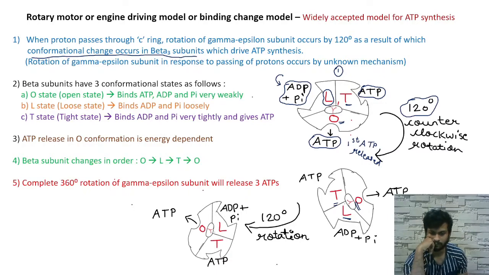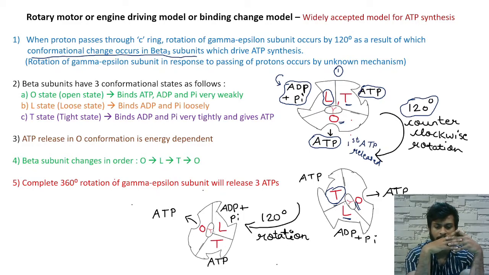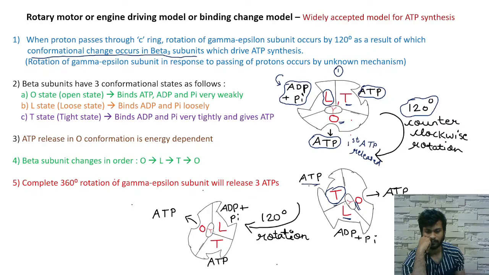Previously there was ADP plus inorganic phosphate at this side. So when the L conformation changes to T conformation, we know that in T conformation ADP and inorganic phosphate will be tightly associated, due to which we will get ATP. In the L state, ADP and inorganic phosphate will come and bind weakly.